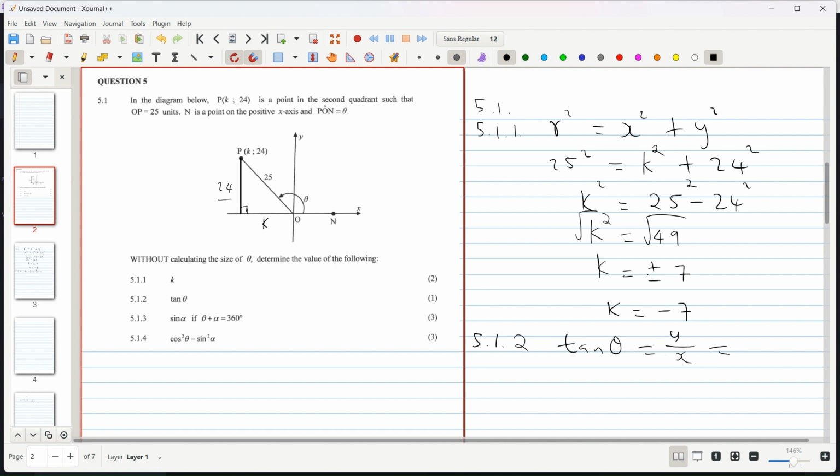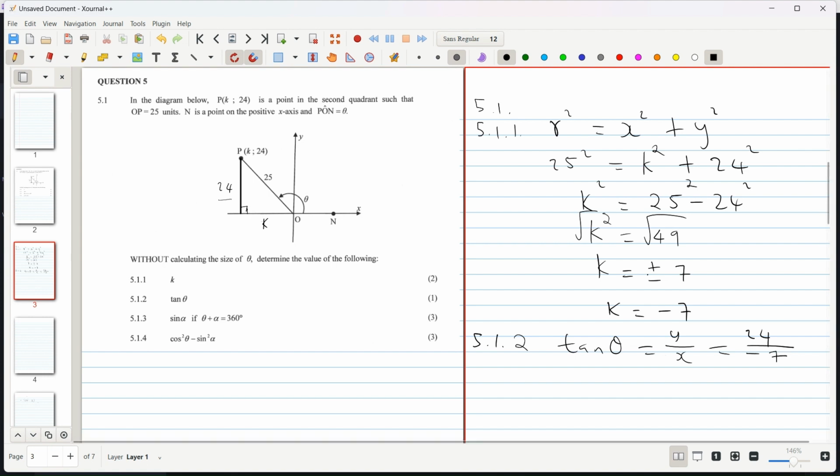And what is our x value? The one that we just calculated for our adjacent, which is k, negative 7. So 24 divided by negative 7 is our value for tan theta.